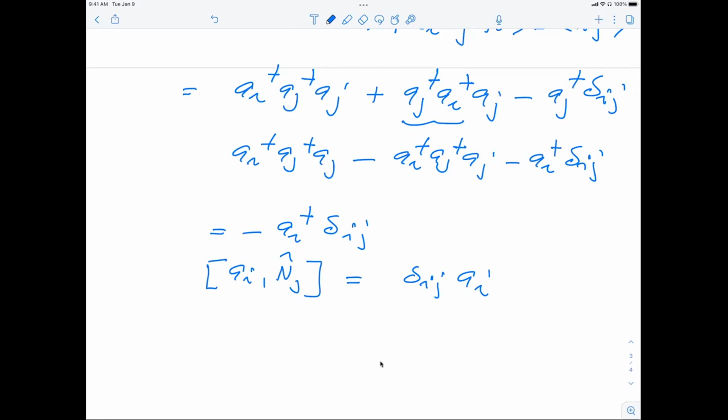But these are relations which are very useful to see, because they can be used later when you're dealing with the calculations of excited states in some theories. And there's something called the equation of motion method, which is based on these types of relations between commutators.